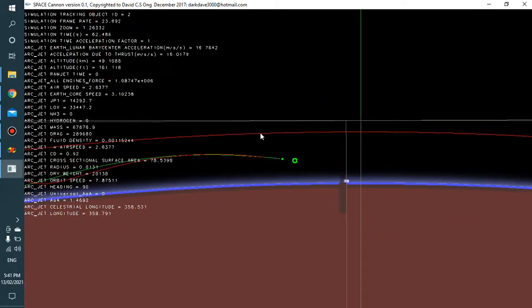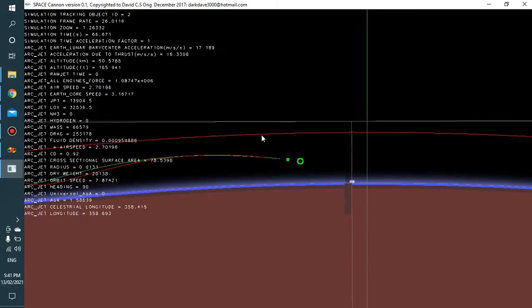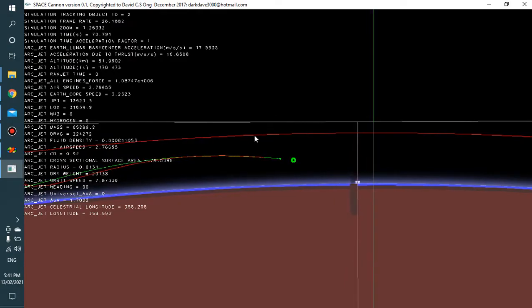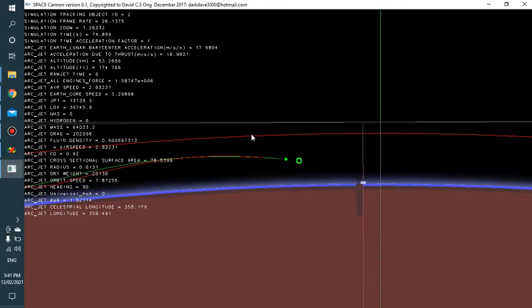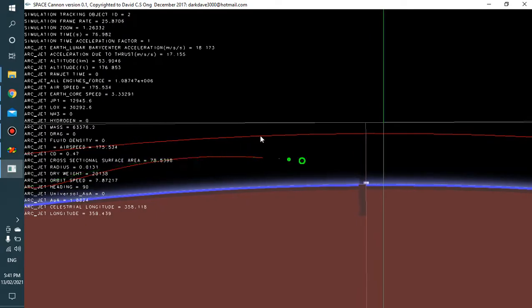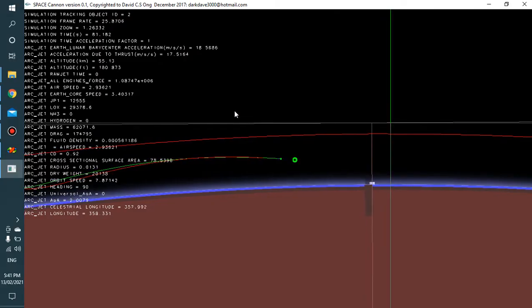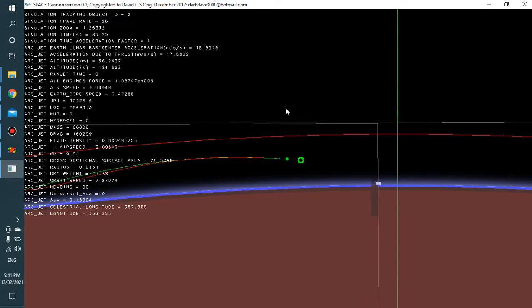The red line is what we call the Kármán line. It is 100 kilometers above the sea level of the Earth, and it marks the transition from our atmosphere to space. So anything beyond this red line is considered space.